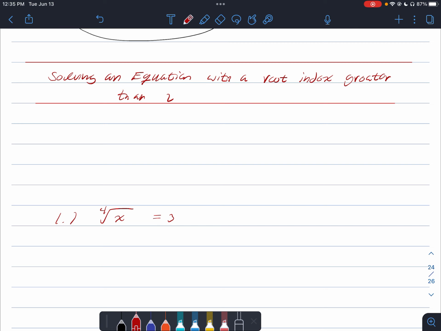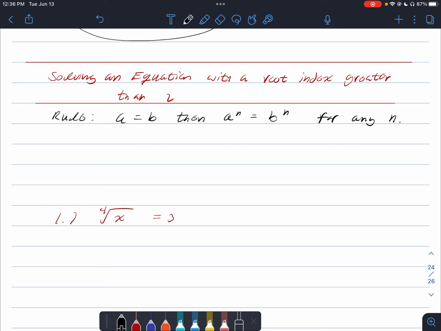Well, it's quite simple. This is true for all n. If we have a little rule here, if we have a equals b, then a to the n is equal to b to the n for any n.